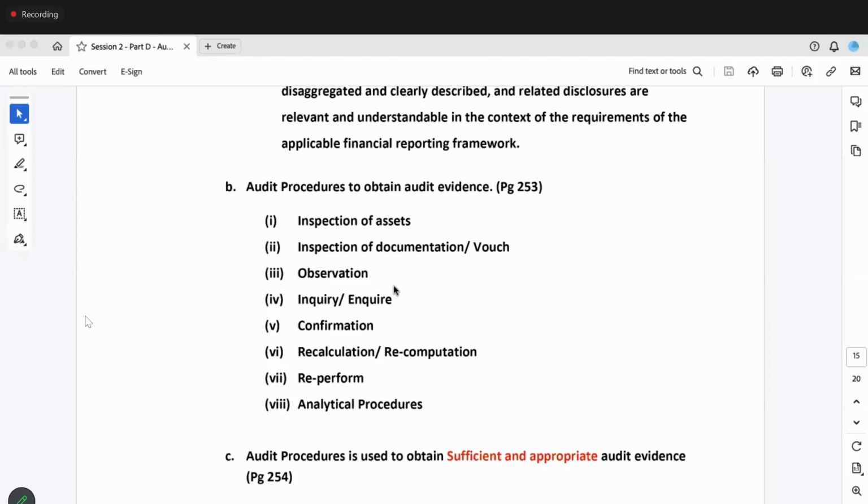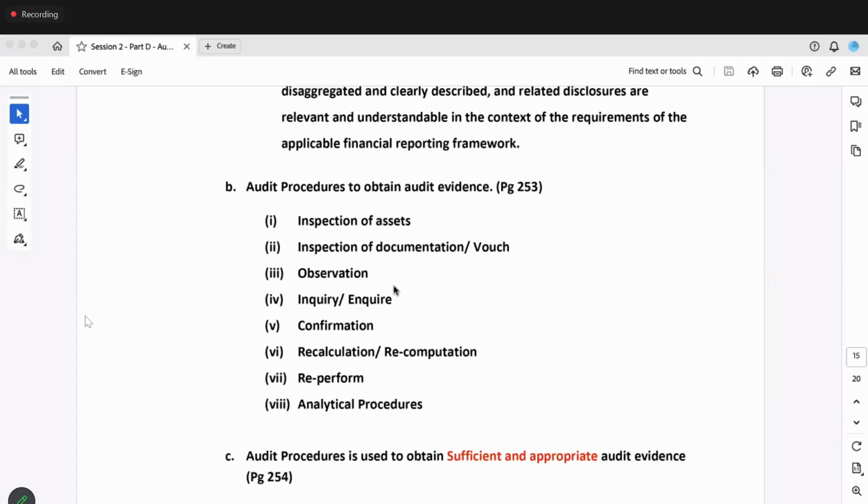But in the actual exam, they don't usually ask general questions. They usually ask you to prescribe procedures to solve a certain problem needed for the case study. It could be any of these: inspection of assets, which could be a physical site visit; vouching, which is inspection of a document; or observing a process.